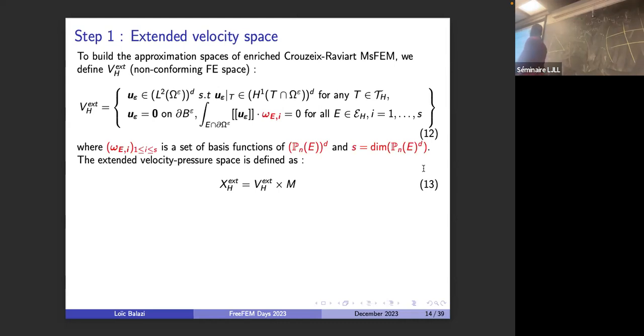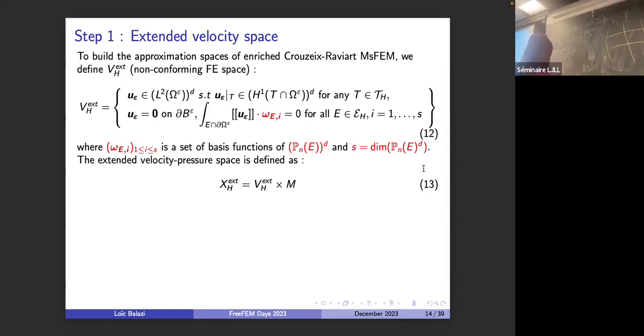the initial space that we call VH extended, because it extends the classical Crouzeix-Raviart space. In this space, we consider the velocity in H1 in each element, but we control the jump of the velocity against polynomials of order n on the face. That is to say, it's like Crouzeix-Raviart but extended.